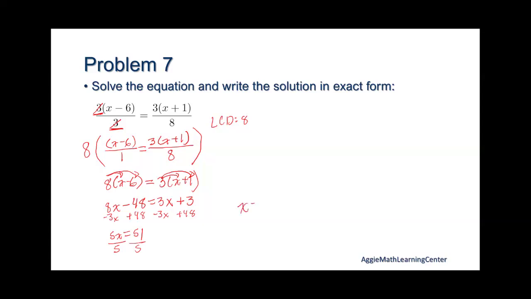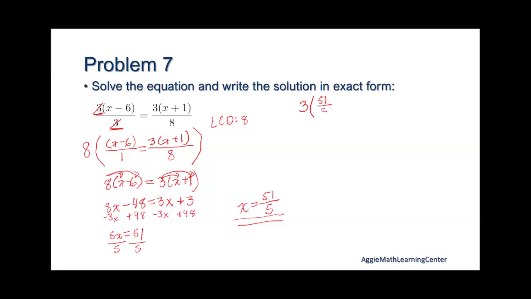So x equals 51 over 5. And then we need to check to make sure it's not an extraneous solution. So we're going to go back through and check our answers, which for these ones can be a lot of fractions, but we've got it.